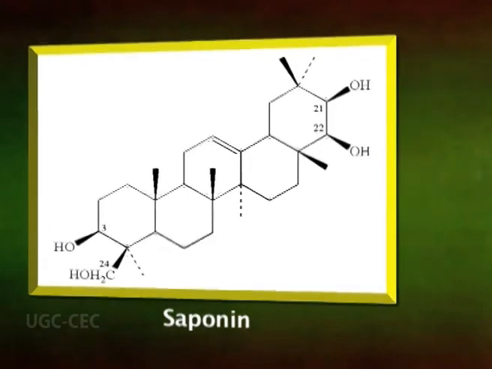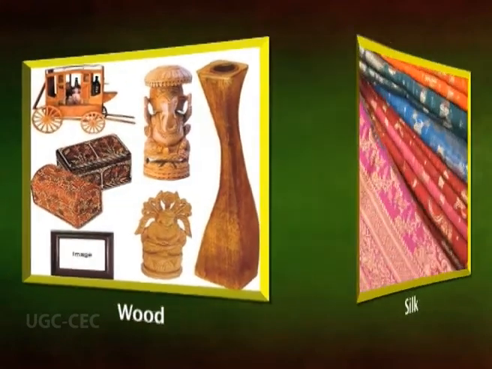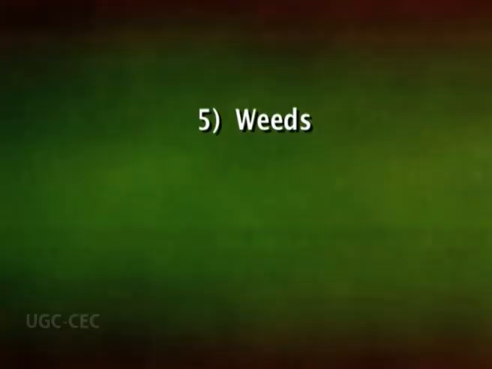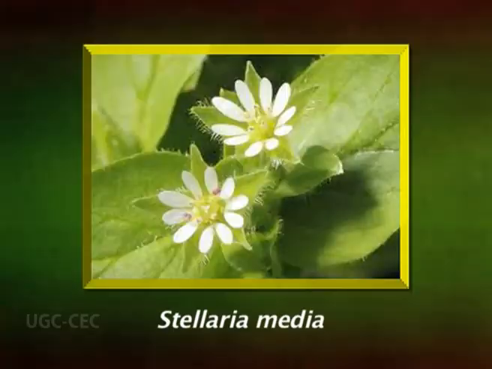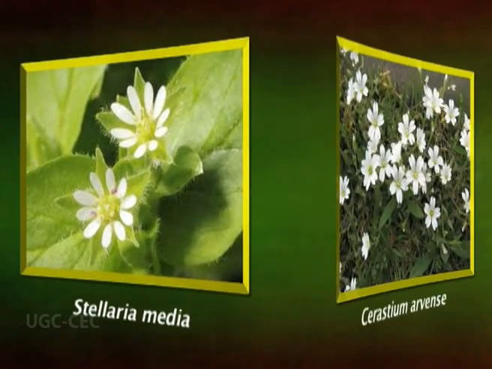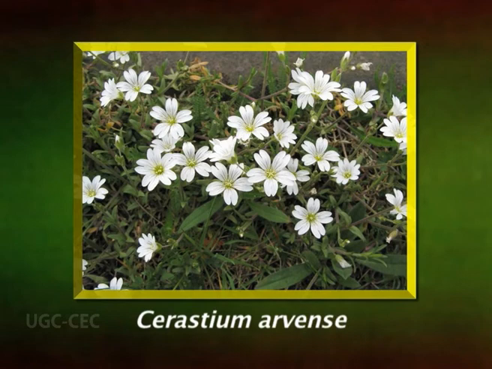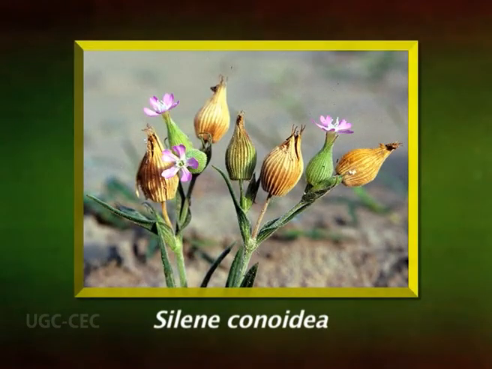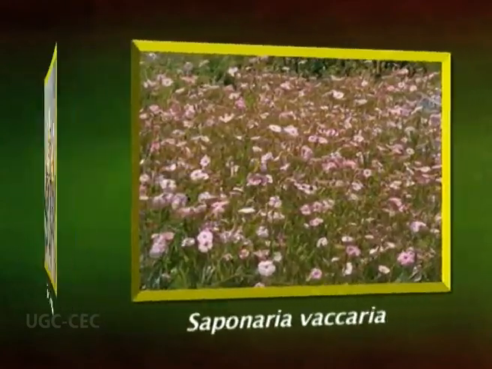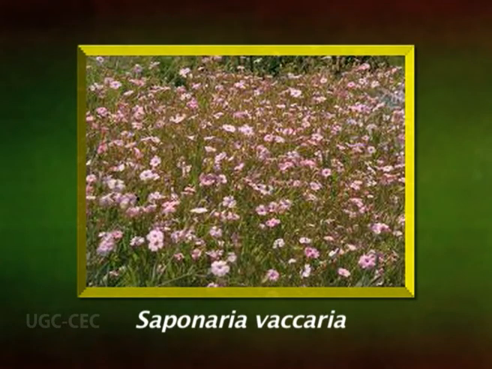Also, the roots of many species of Saponaria, Gypsophila, etc. contain saponin and are used for washing wool and silk. Lastly, the family also includes many troublesome weeds such as Stellaria media, Cerastium arvense, Silene conoidea, Saponaria vaccaria, etc.